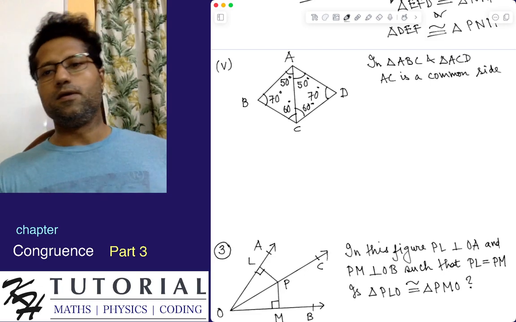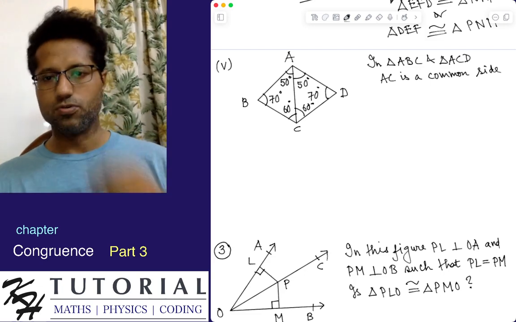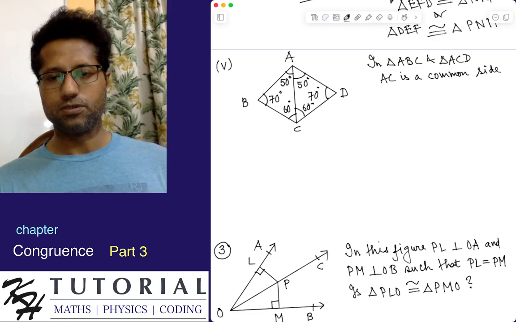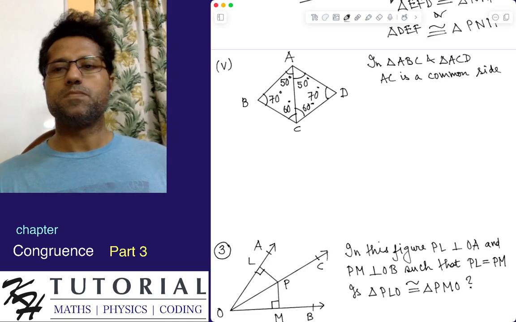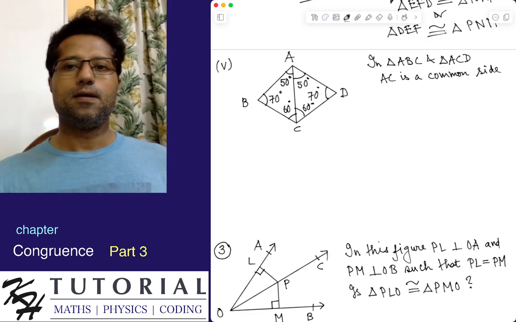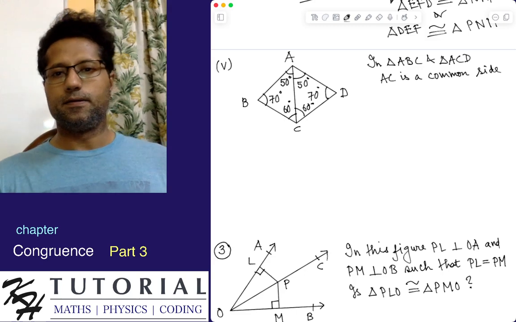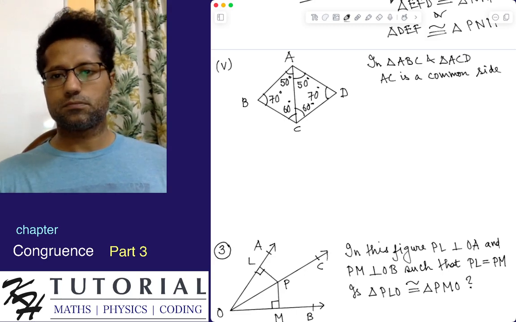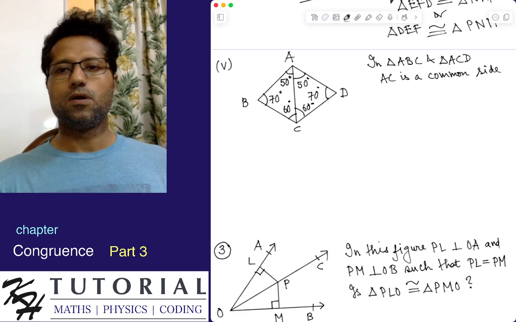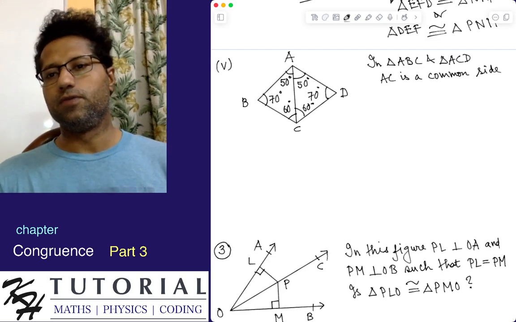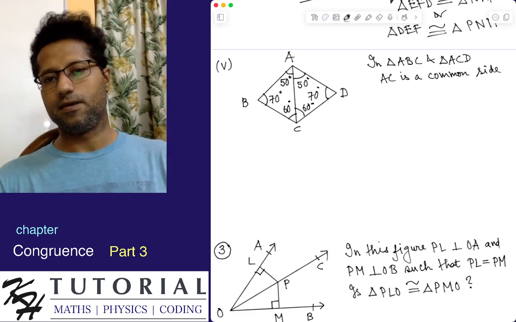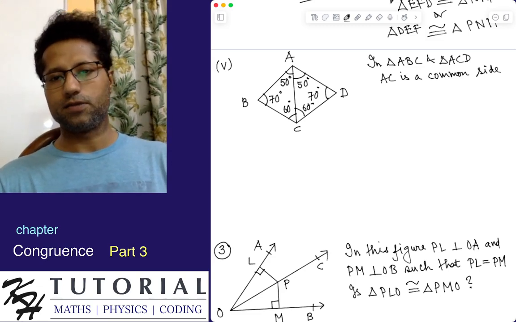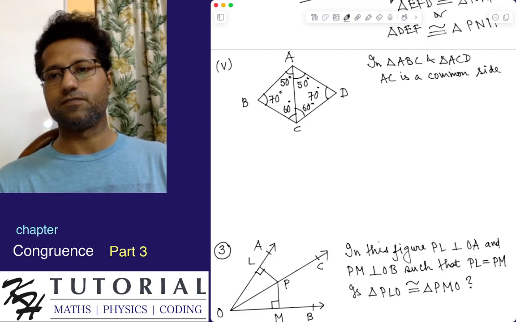Now, if in two triangles we have a common side, then obviously you can see that vertex A is a vertex of triangle ABC, and it is also a vertex of triangle ACD.